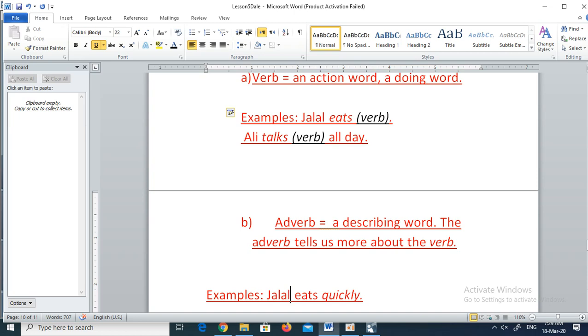The word that describes a verb is called an adverb. An adverb is a describing word. It tells us something about the verb. It tells us something about the action word.